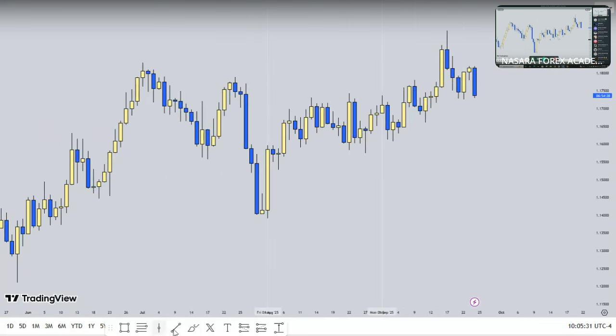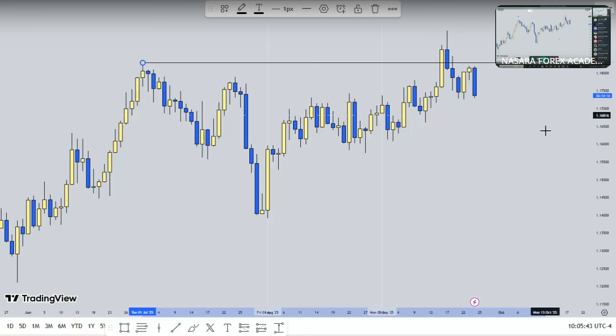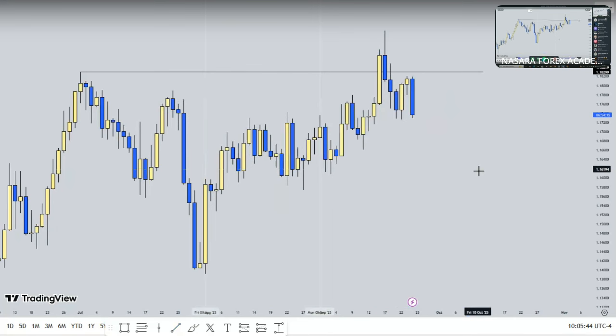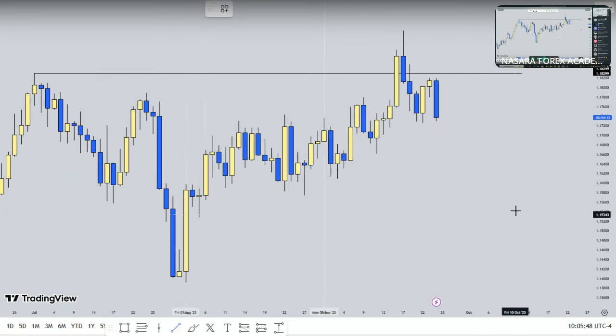I have this high, right? We have this high, which is more obvious than this one. It will be our range high, and then we have these lows. So let's see what price has done earlier.